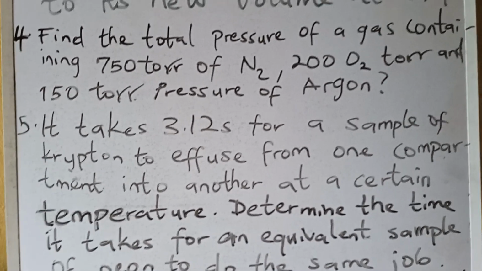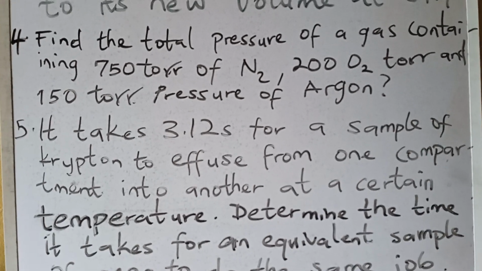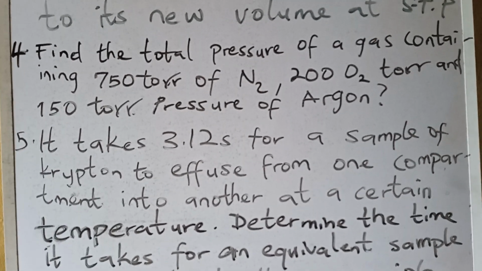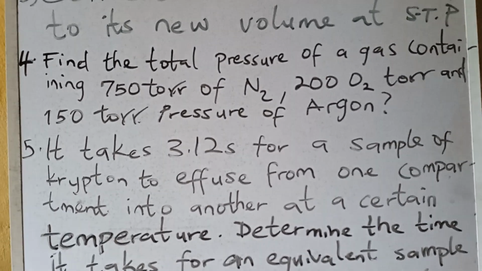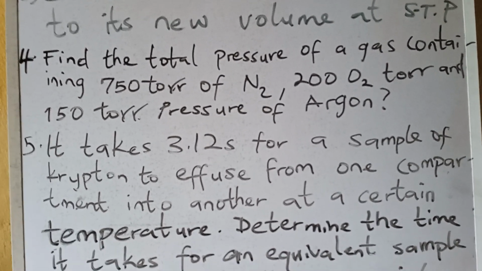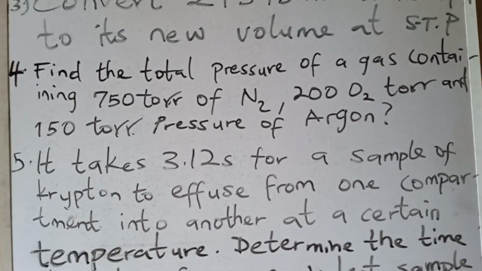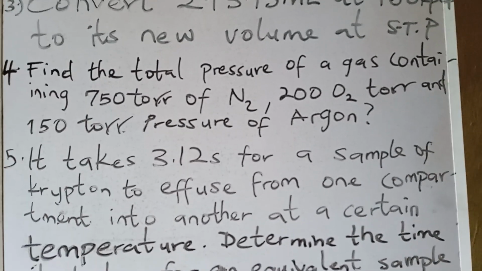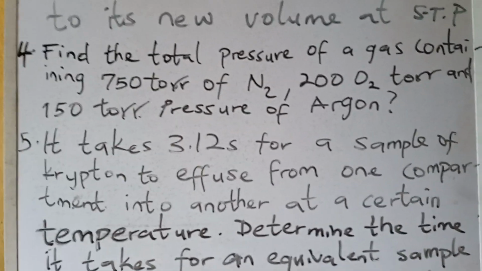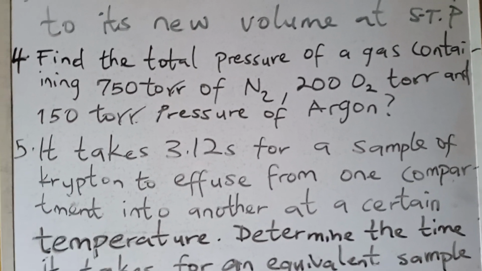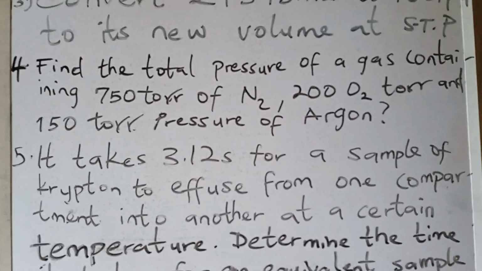And what does this say? Graham's law of effusion states that the rate of diffusion of gases is inversely proportional to the square roots of the molar masses of the gas.